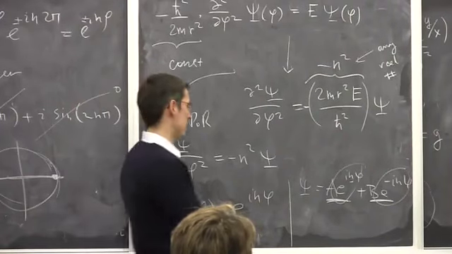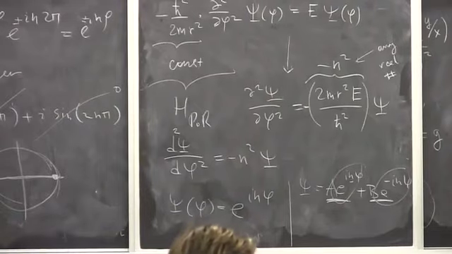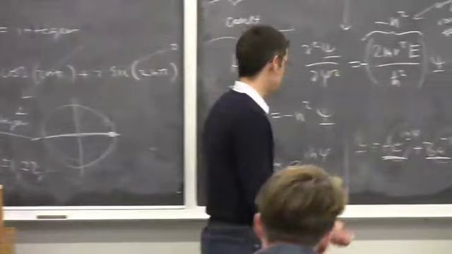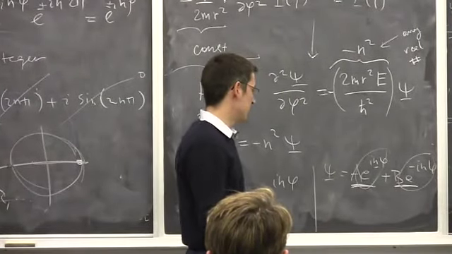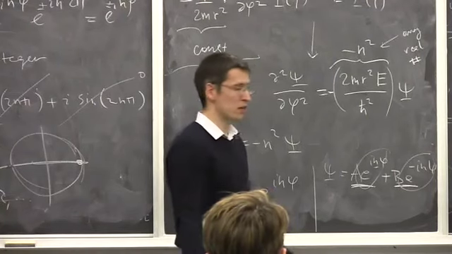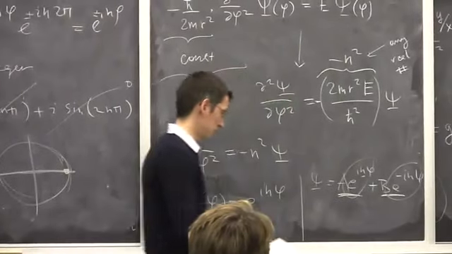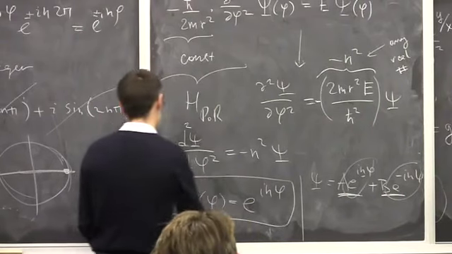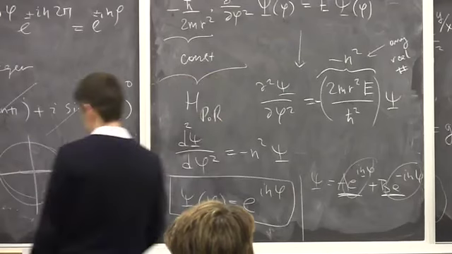Because a and b are two constants, and the normalization condition is one condition. The ratio between a and b can be arbitrary. One of these constants is fixed by normalization. To make things simpler, you can just stick with these functions, right? And the only thing, we need to normalize them.